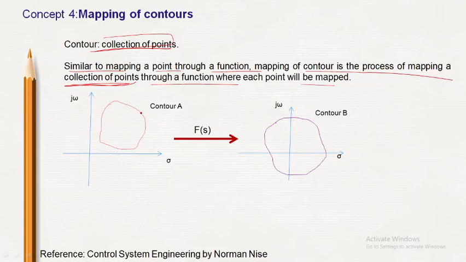Earlier we had only one point. Suppose I map this second point also, this third point also, this fourth point also. Similar to what we were doing in the previous mapping of a point, again I am doing the same thing.